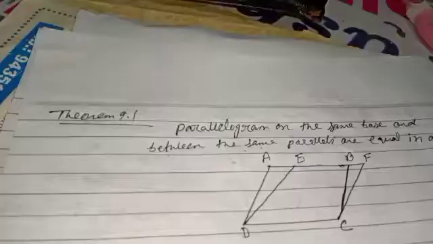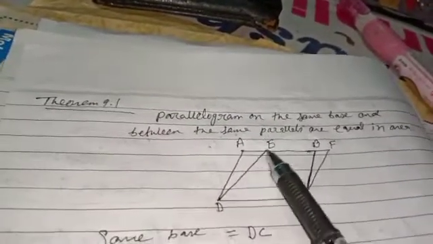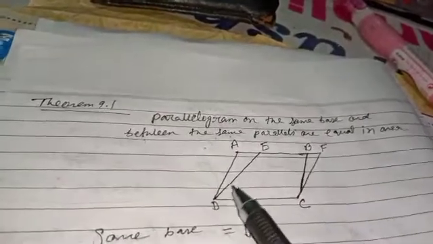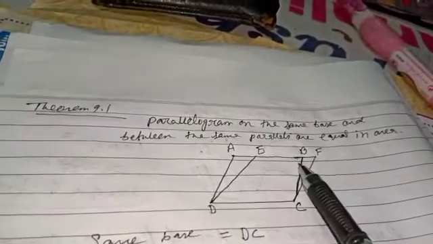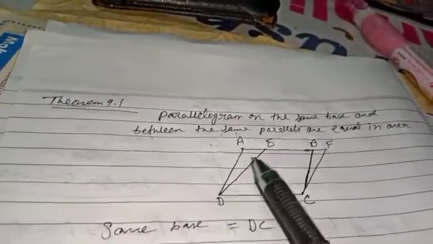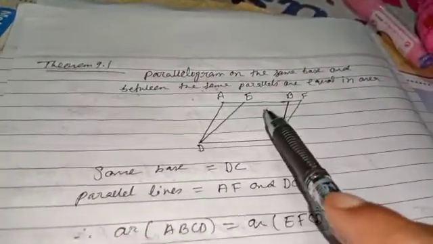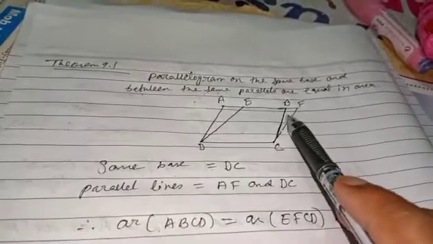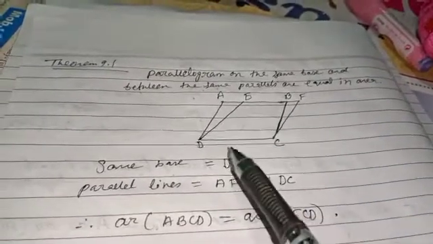Okay, next, theorem 9.1: parallelograms on the same base and between the same parallels are equal in area. You can see here ABCD and EFCD.